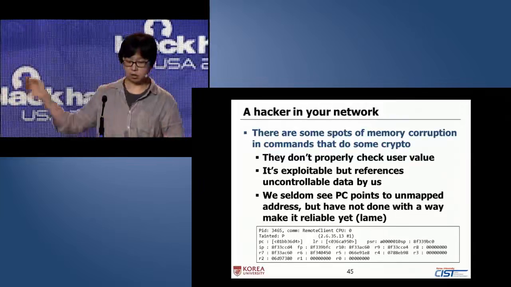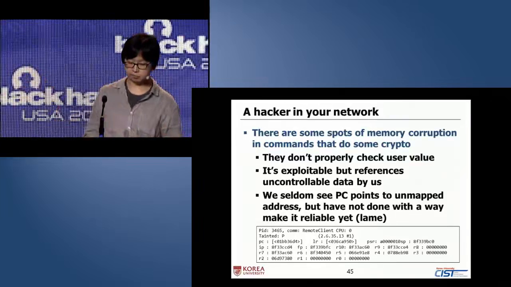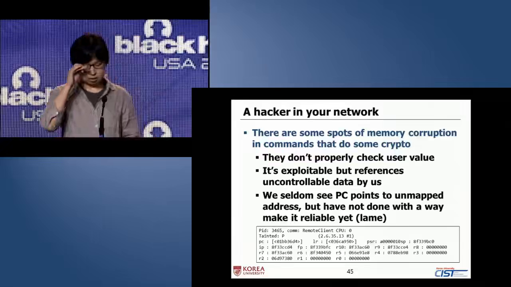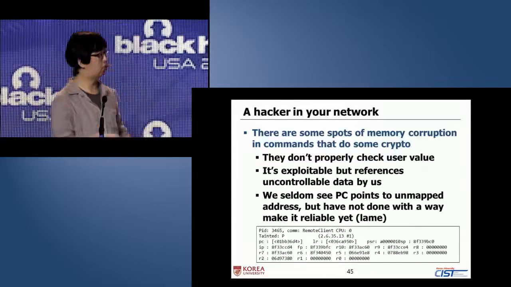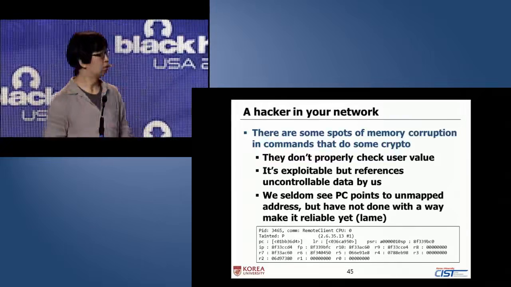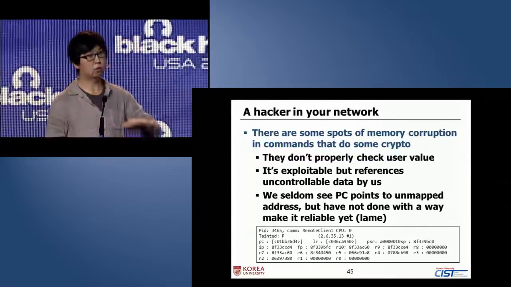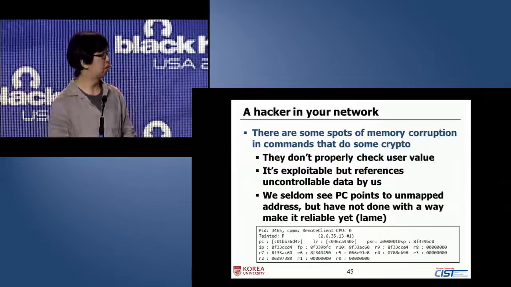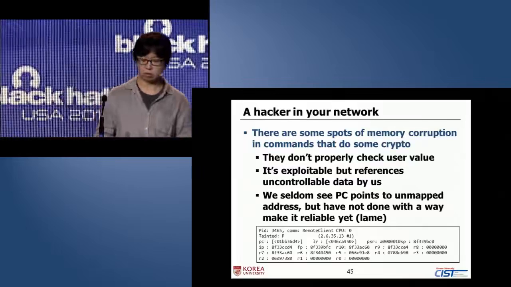So you see the exception messages here. Yeah, I have to say this is exploitable, but very, very hard to make reliable, because the PC always points to an unmapped memory address. So it's really hard to make it reliable.